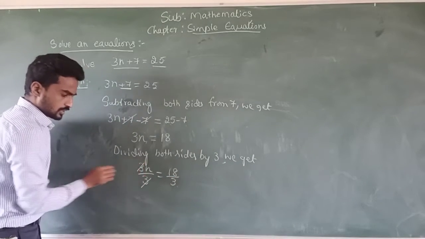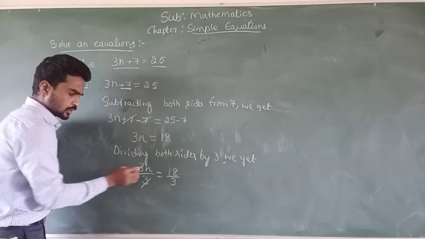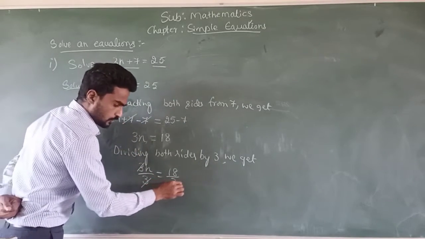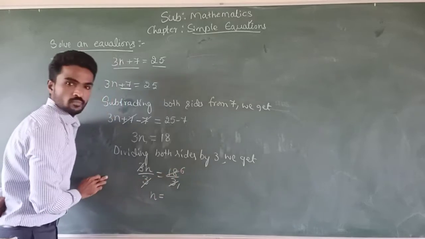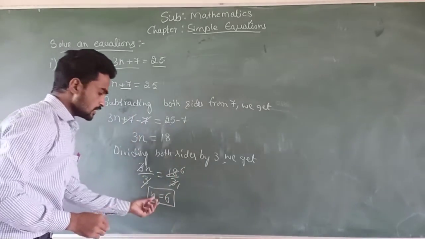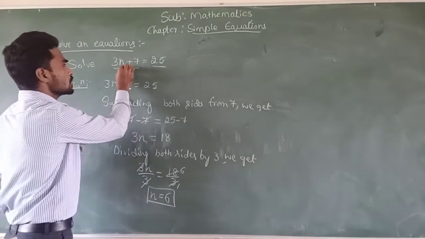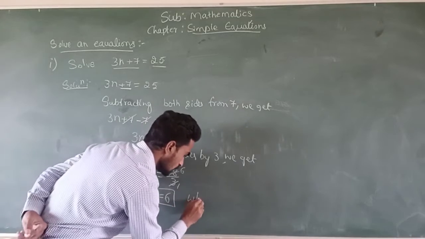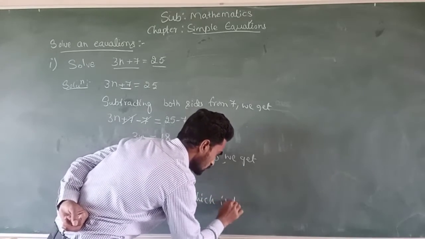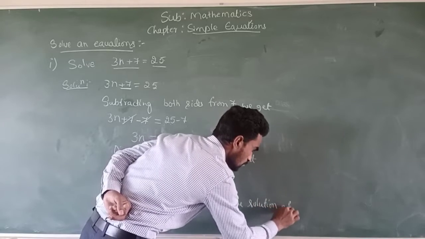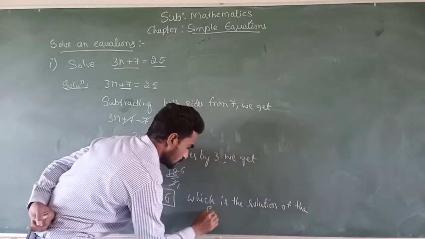Now these 3s cancel out. The remaining LHS is n, which is equal to 18 divided by 3: 3 ones are 3, 3 sixes are 18, so n is equal to 6. This n is equal to 6 is the solution of the given simple equation.